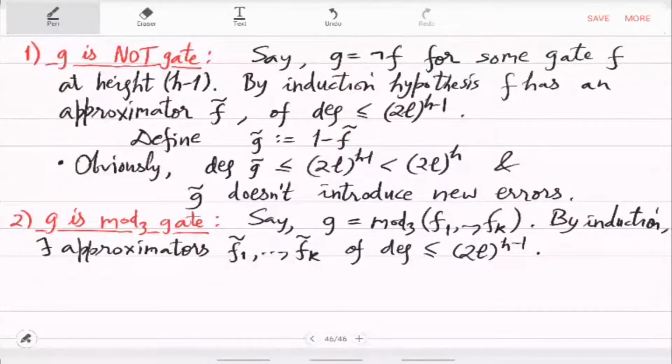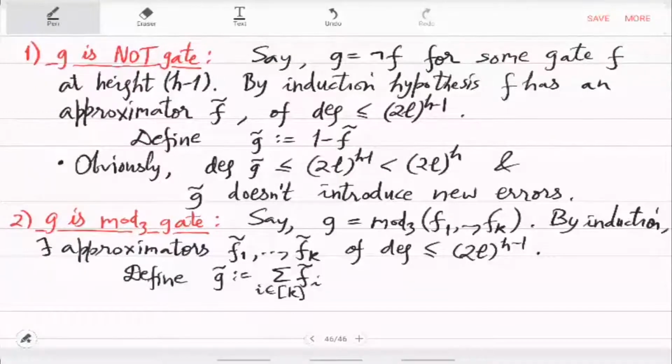Using this, what will be G tilde? G tilde is just the sum. Remember that you wanted a polynomial mod 3, over the field F3. So there are 3 field constants, 0, 1 and 2.